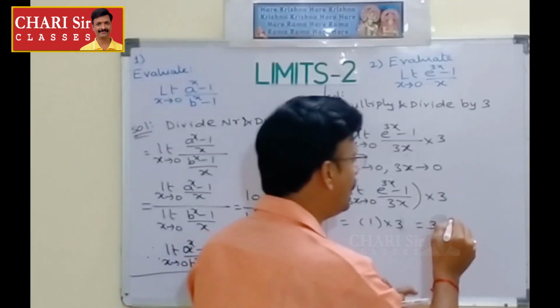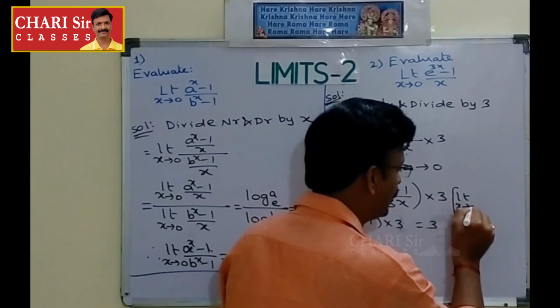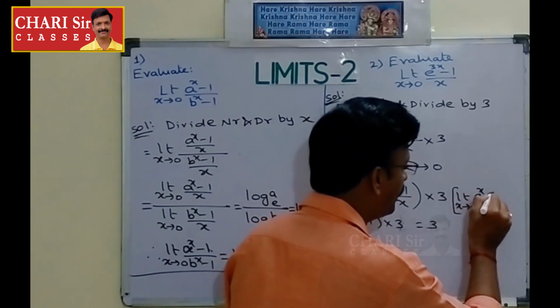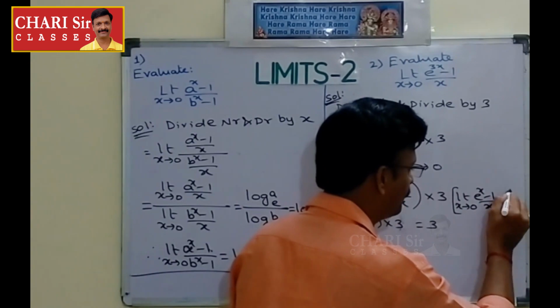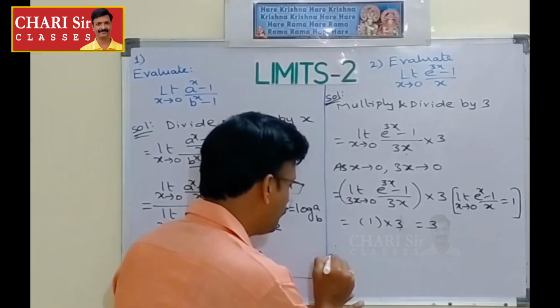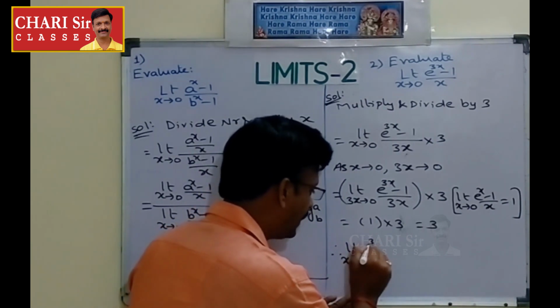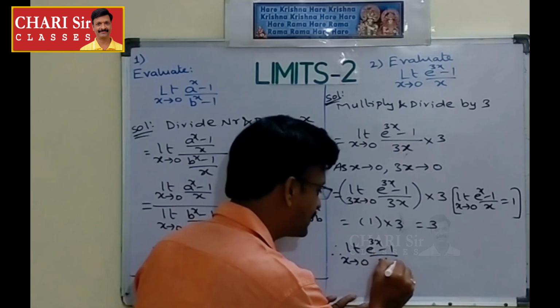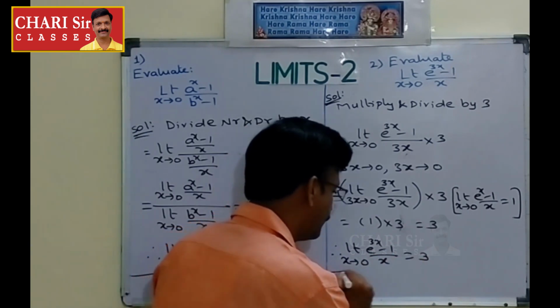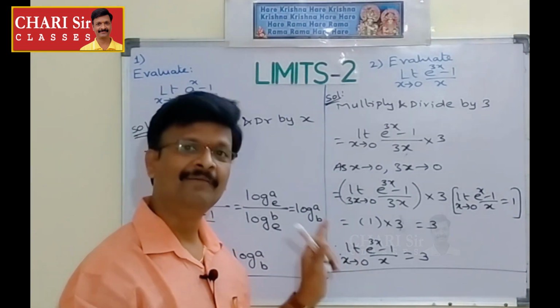Which standard limit are we applying here? We are applying limit x tends to 0 (e power x minus 1) by x, whose value is 1. This standard value we are using. Finally, you can write limit x tends to 0 (e power 3x minus 1) by x is equal to 3. This is your solution. This question is also given many times in the board exam.